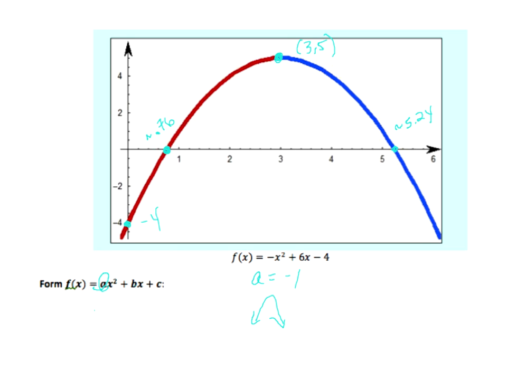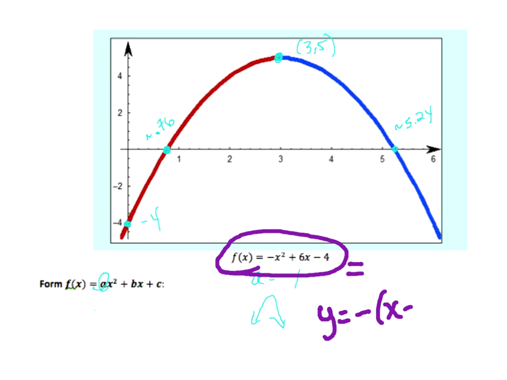Why I showed you this in this form, let me get a bolder pen here, is because this is the same exact function as y equals negative (x minus 3) squared plus 5. All I've done is multiplied it out and gotten it into ax squared plus bx plus c form.